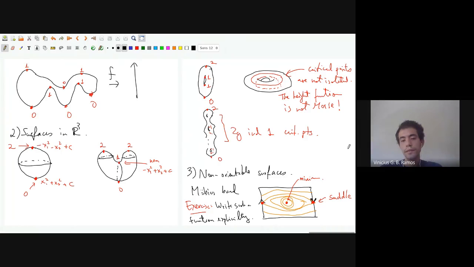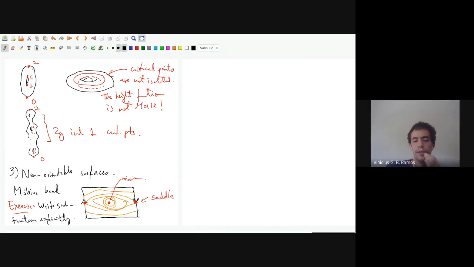But you can kind of see the minimum will have index 0 and the saddle will have index 1.